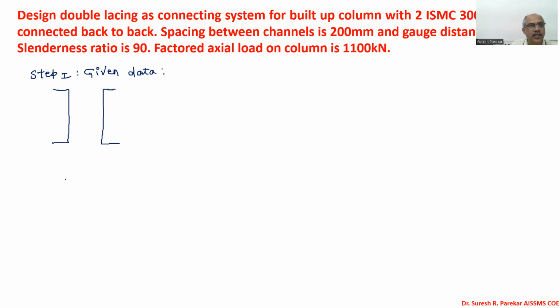We have this distance, 200 mm, and gauge distance given as 50, so here also we have 50. Then slenderness ratio lambda is given as 90 and factored load is 1100 kilonewton. Now we will switch over to step 2.